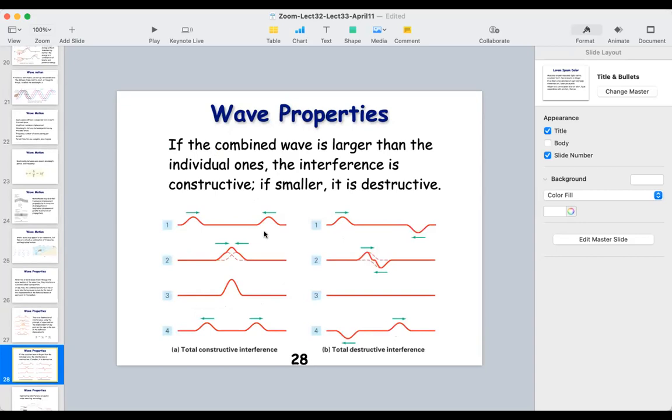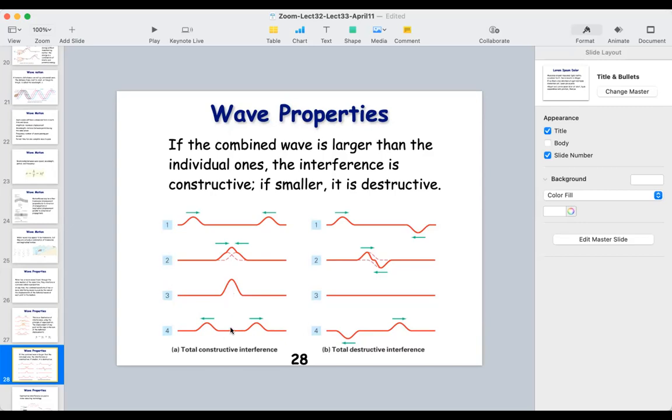So in this case, for example, it is the exact case that we showed before, but the only change is that y1 is equal to y2. These two waves are exactly the same, and so they are going one against the other. And here you see that you achieve double the height. At this point, y is going to be equal to y1 plus y2, which in this case will be equal to 2 times y1.